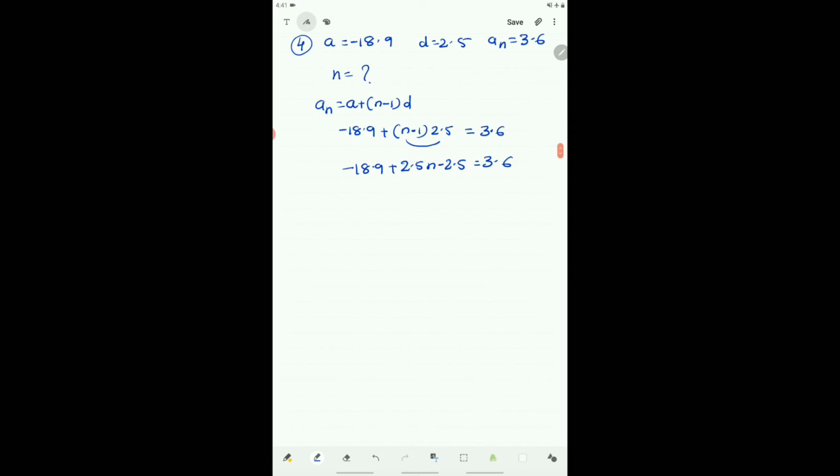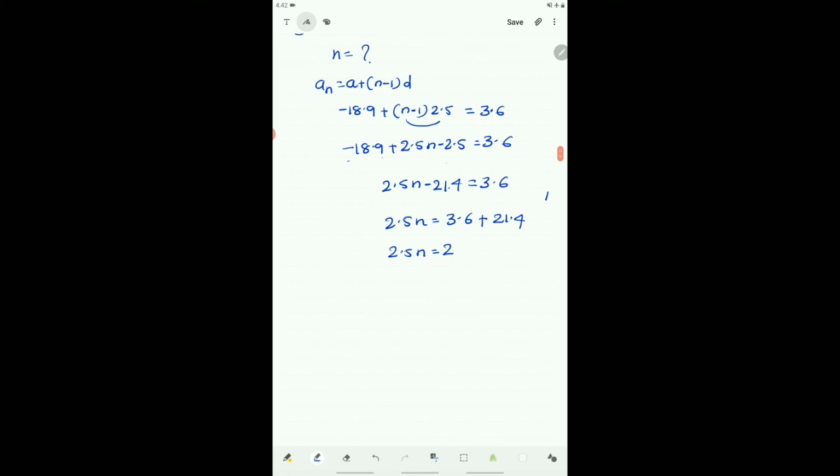Then 2.5n minus 18.9 minus 2.5, that is 9 plus 5 is 14, carry 1, then 19 plus 2 is 21, that is 21.4, is equal to 3.6.